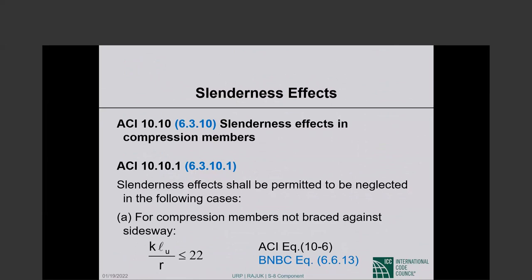Okay, that's generally about columns. Then the pretty significant topic of slenderness effects in columns. Well, a couple things.